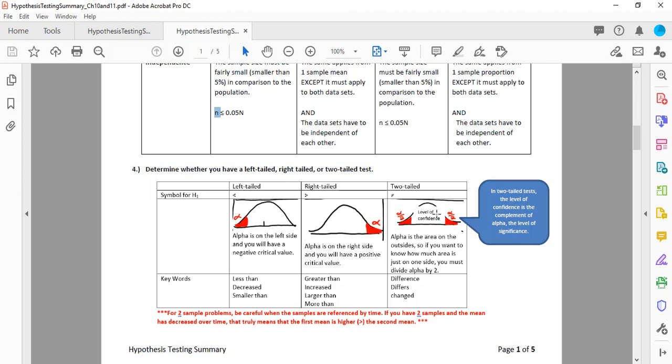For two-tailed tests, your level of confidence is the complement of alpha. 1 minus alpha gives you your level of confidence, and vice versa. 1 minus your level of confidence as a decimal, of course. So if you have the 99th percentile, this is 0.99, then 1 minus that will equal your alpha.